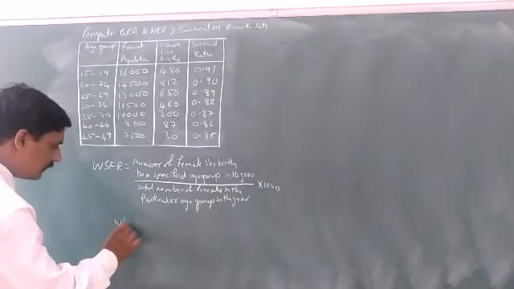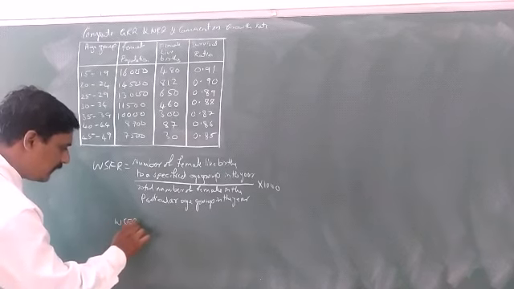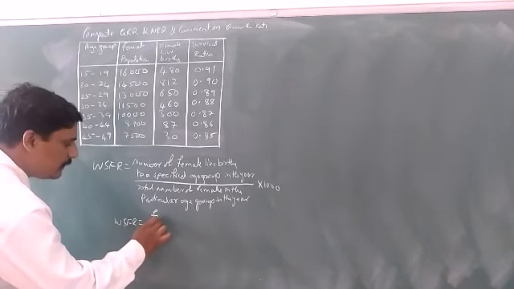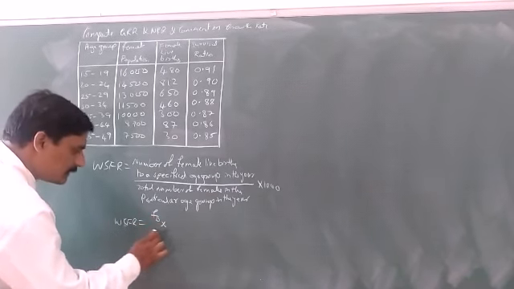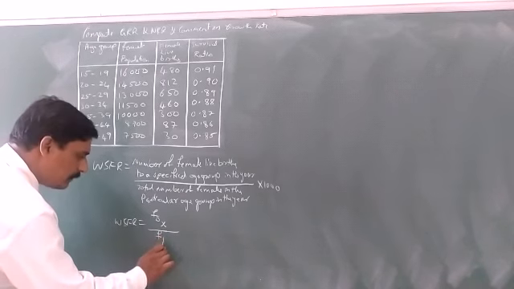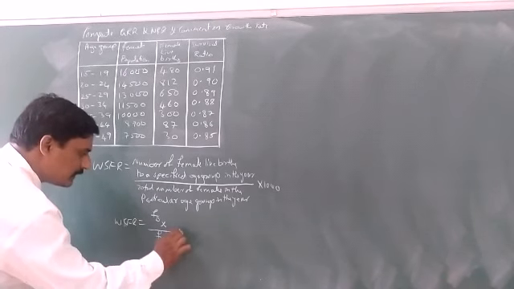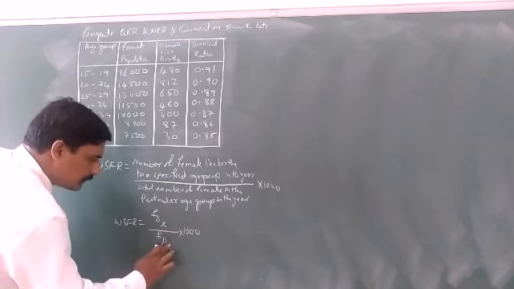So in short, if you write it, WSFR is equal to female births of age group x divided by female population of age group x into 1000.